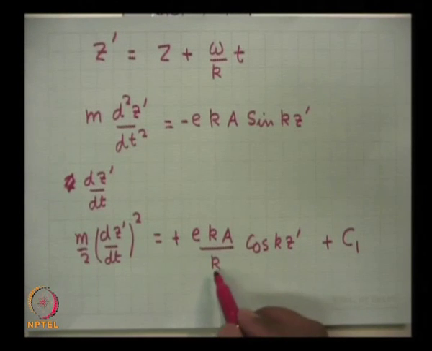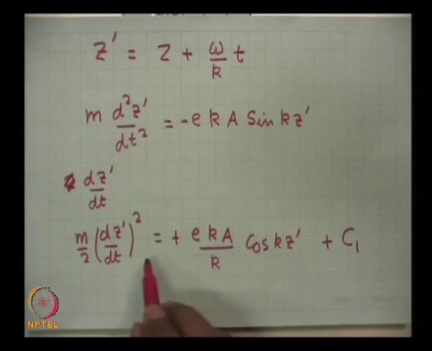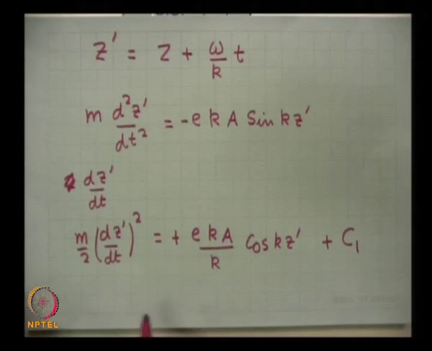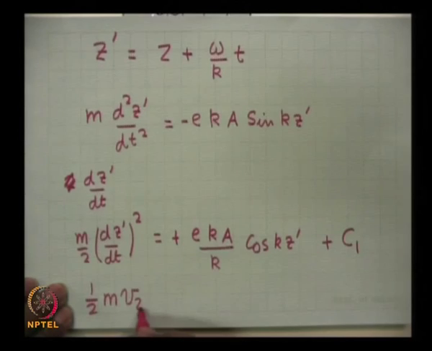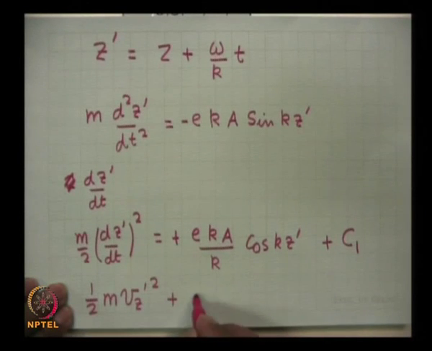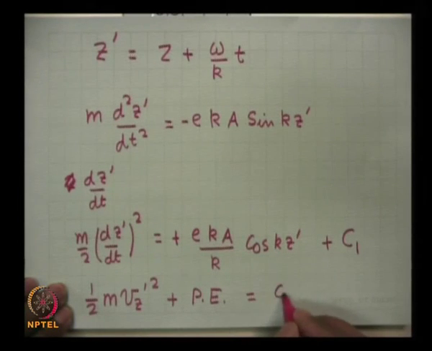So k obviously will cancel out and this becomes the potential energy when you take it on the left hand side. So this can be written as kinetic energy, half m vz prime square, plus potential energy, which is negative of this quantity, is equal to constant.